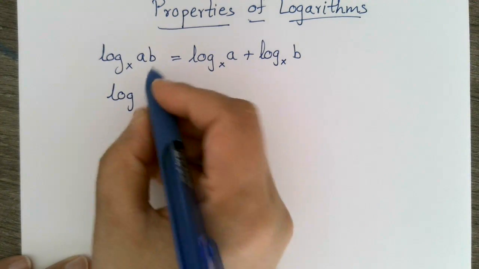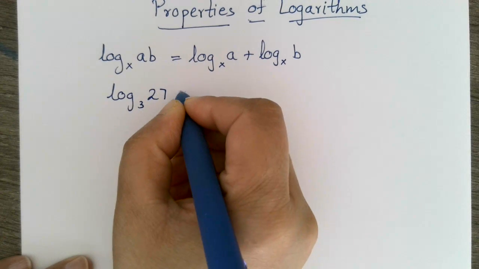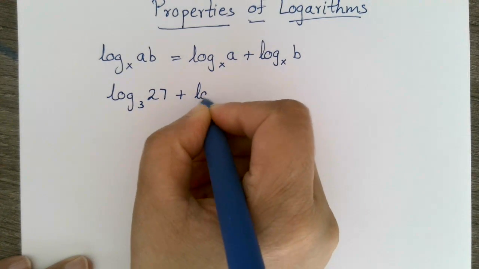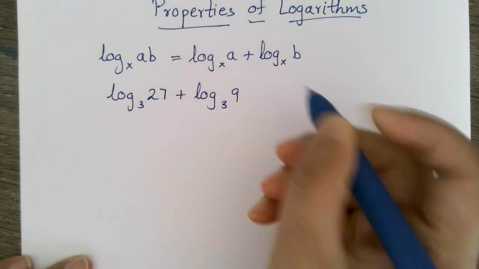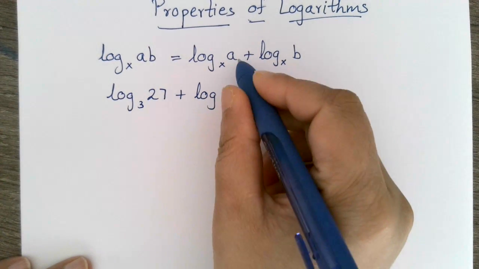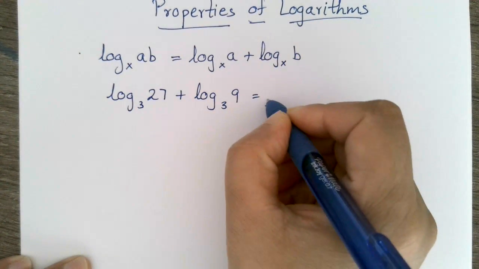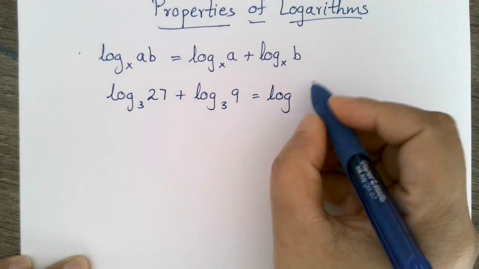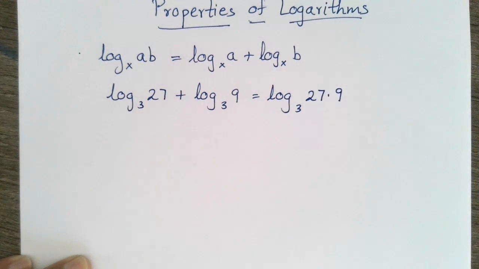We have this example: log base 3 of 27 plus log base 3 of 9. Using this property, we can say this is log base 3 of 27 times 9.